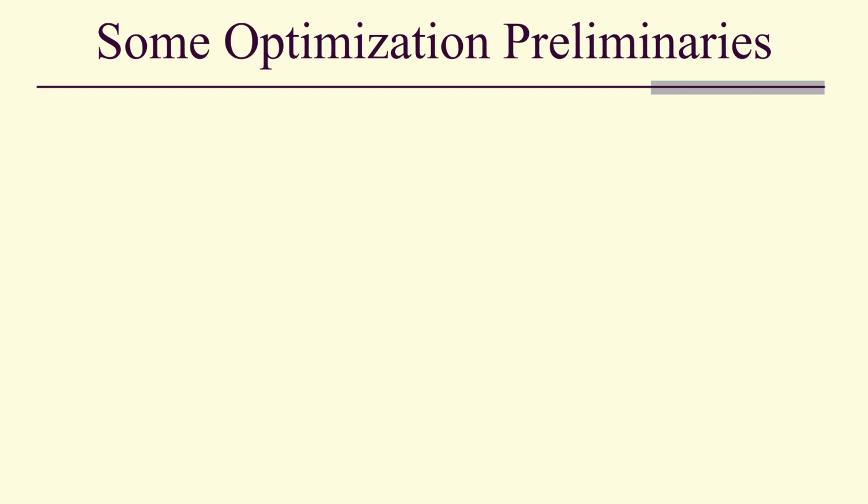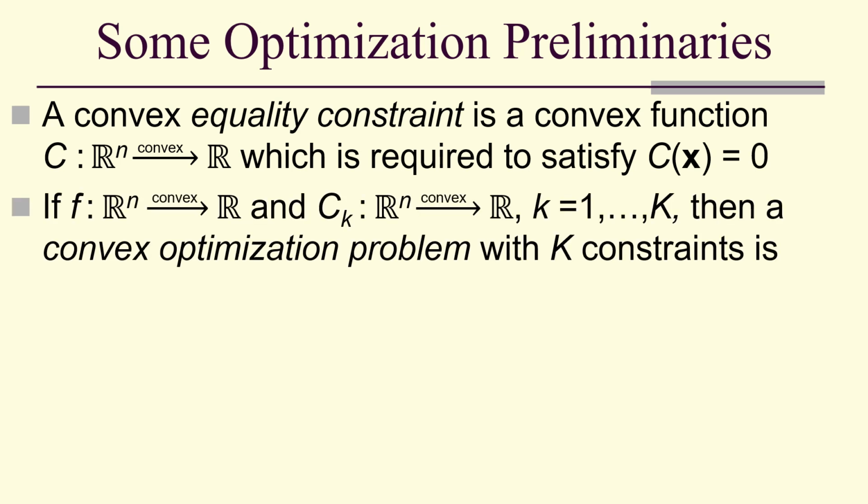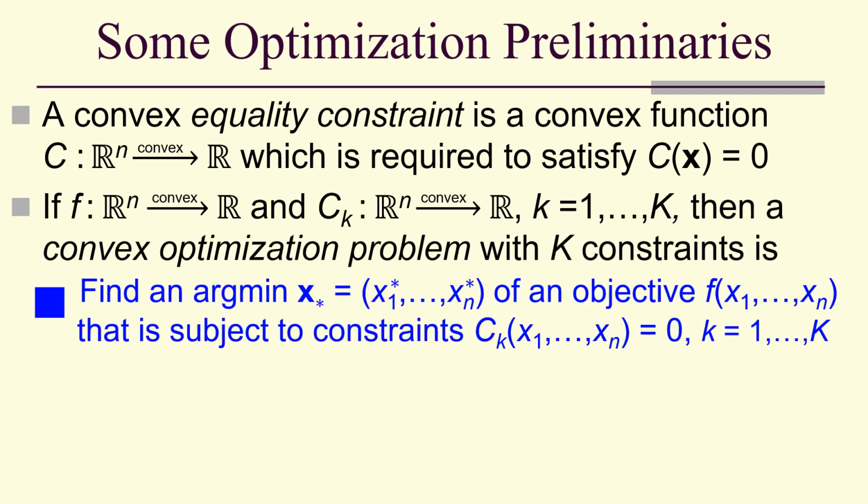So some optimization preliminaries. A convex equality constraint is a convex function required to satisfy c of x equals 0. If we have a convex f and convex constraints, then a convex optimization problem with k constraints is as follows. Find an argmin of an objective that is subject to the constraints.